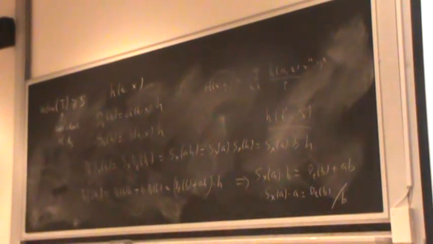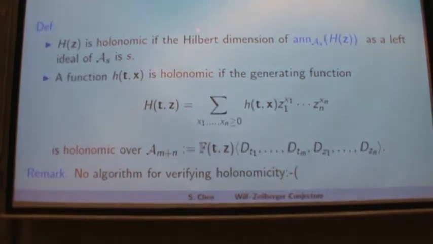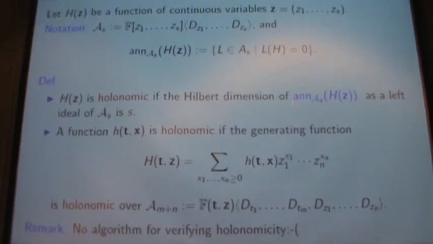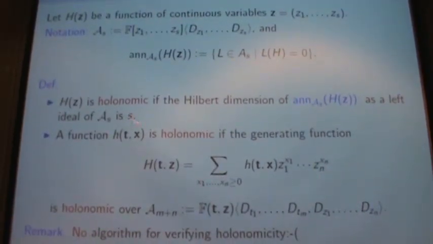In particular, the annihilating ideal is a left ideal of this, so we know a priori that the dimension is greater than or equal to s. Holonomic means that this dimension is the minimum. This is Bernstein's inequality. So, in some sense, holonomic means something is minimal. And here the definition is just for functions of a continuous variable.